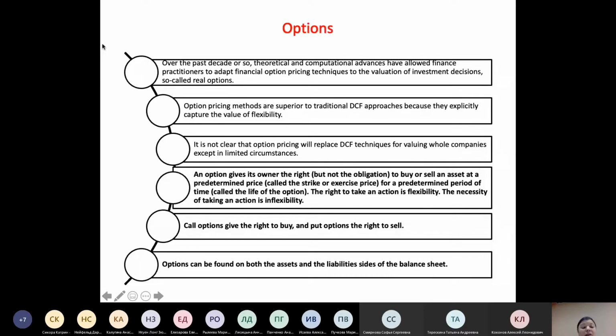Secondly, companies that used different kinds of financial options started using real opportunities. Compared with financial options, real options are quite difficult to find, for example, in the assets of our company or in its P&L.